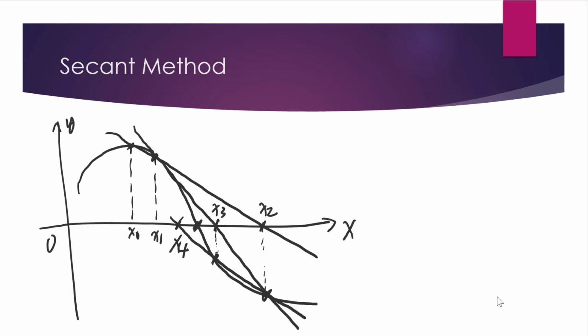So you can see that after several iterations, we get the approximation x4, which is much closer to the root than the initial approximation x0. So this is how the iteration process works for the secant method.